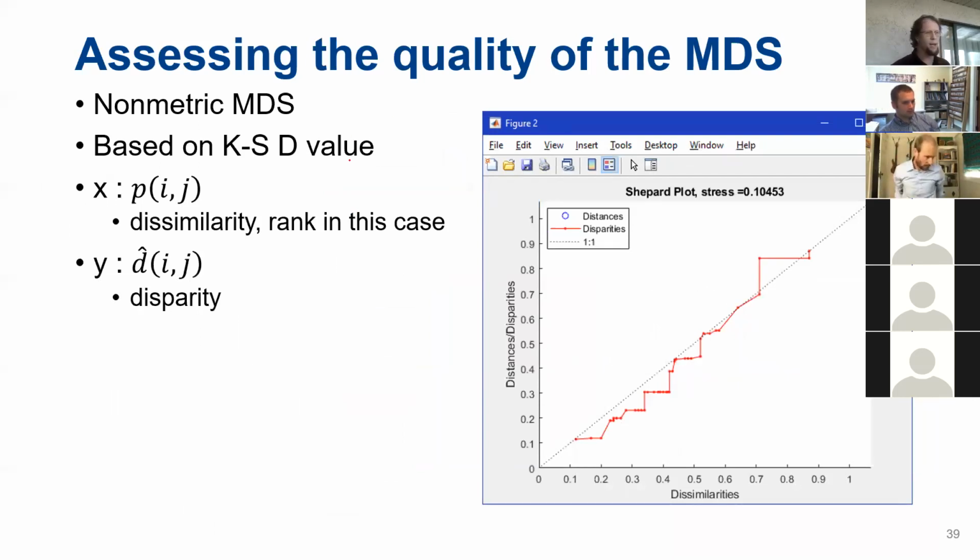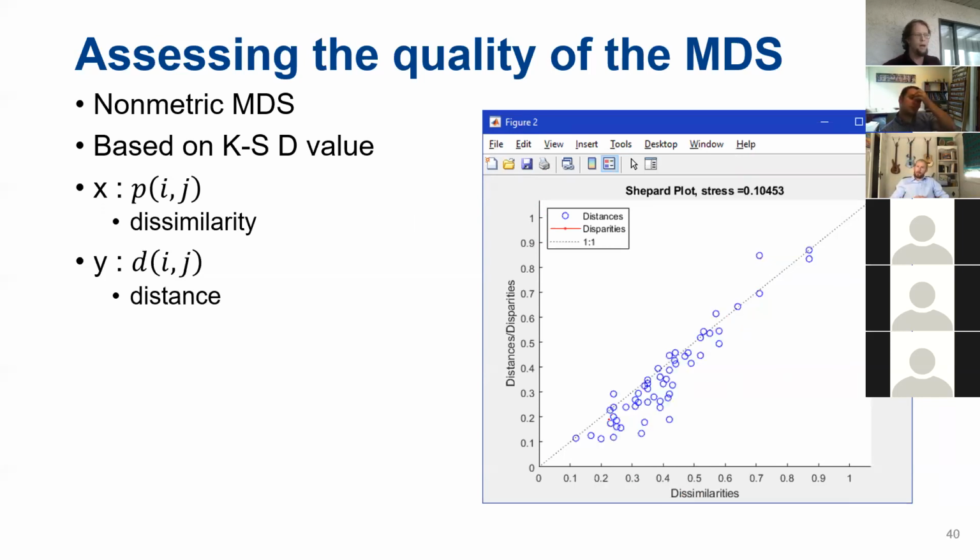Typically, when you show an MDS plot, you also want to show a Shepard plot, which is this one, and you want to report the stress. The Shepard plot basically shows the dissimilarity, which is essentially rank in this case, and the disparity, shown by the red dots and connected lines here.